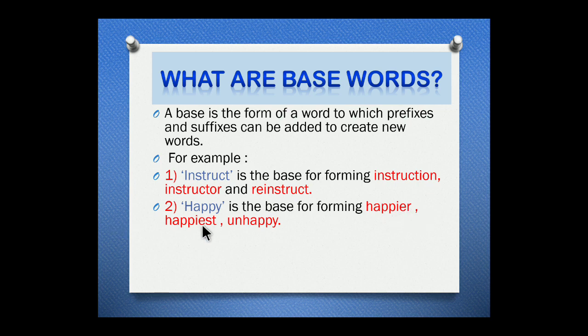So here in happier I have added IER, in happiest I have added IEST, and here I have added UN, unhappy. In all these three words, the base word is happy. These are the base words, the simplest form of the word.